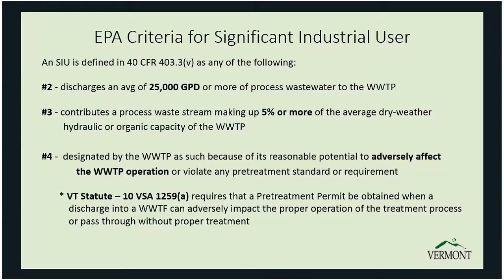And the fourth category here is that you may be designated as a significant industrial user if the treatment plant has established that you have the reasonable potential to adversely affect the treatment plant operation.